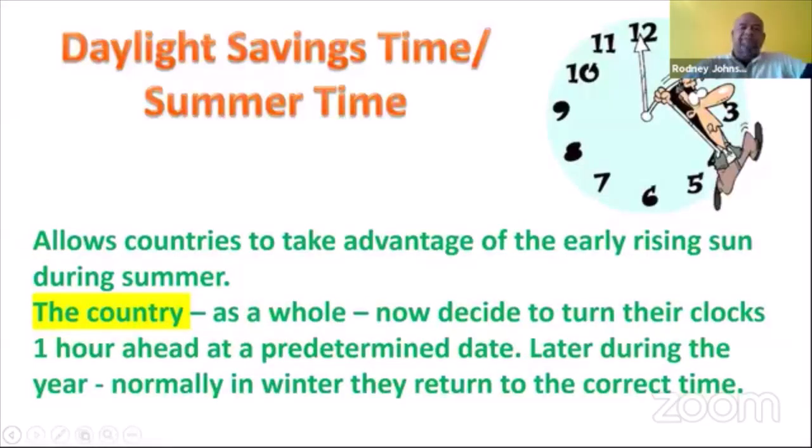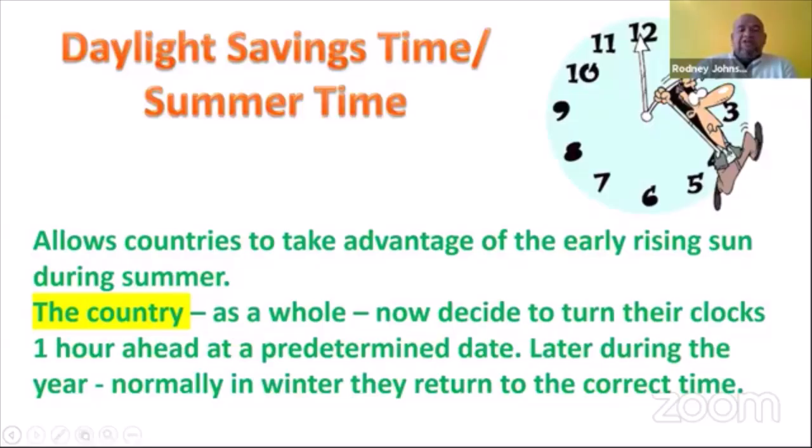Right. Daylight savings time is another thing that candidates might be presented with in the question paper. Like we always say, we don't know what the question paper holds, but make sure you know what daylight savings time is all about. Now, daylight savings time allows countries to take advantage of the early rising of the sun during summer.